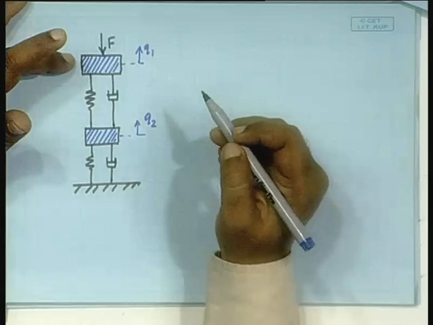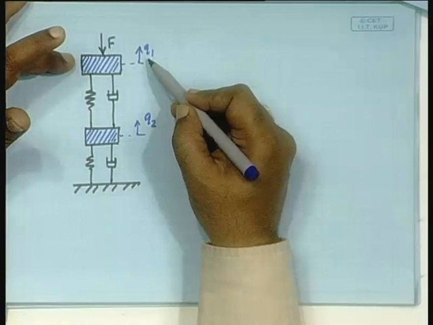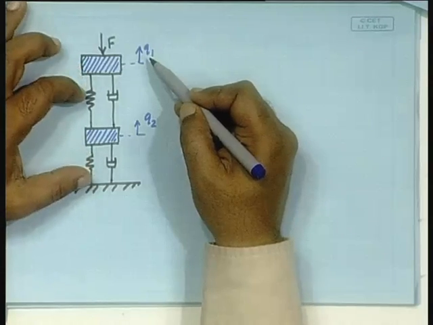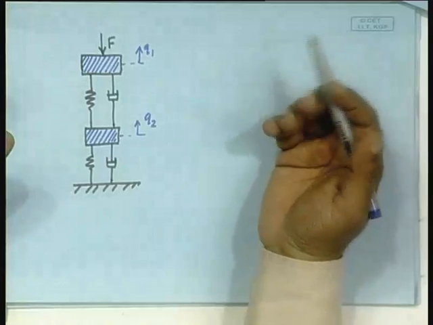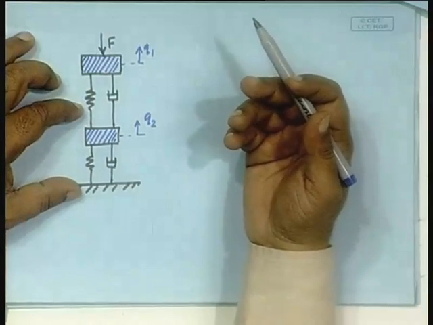Yes, you can say that, but the moment you say, you will have to say where is my 0. Now, let that 0 position be where these two springs are relaxed, no energy stored in the springs. So, q1 and q2 will directly give the amount of energy stored in the spring.